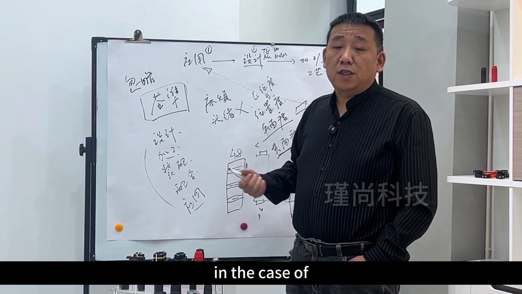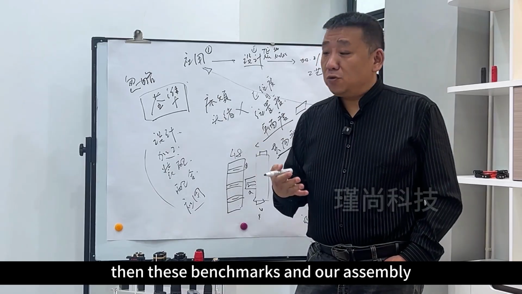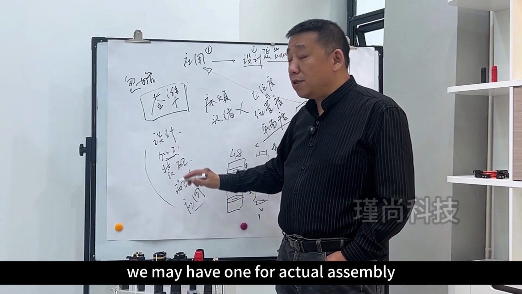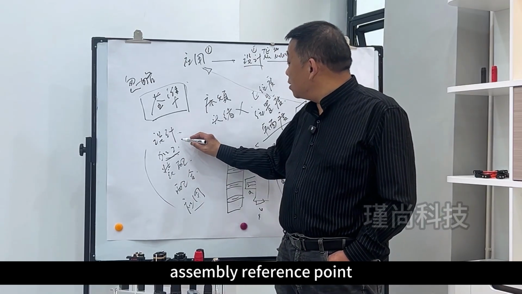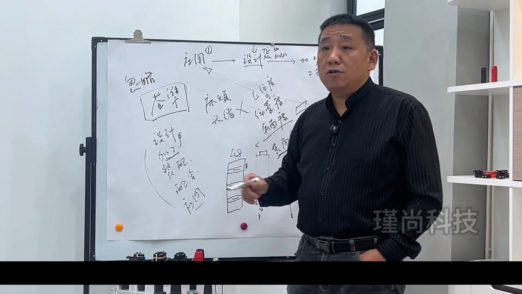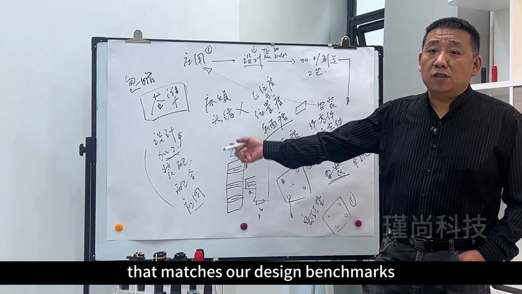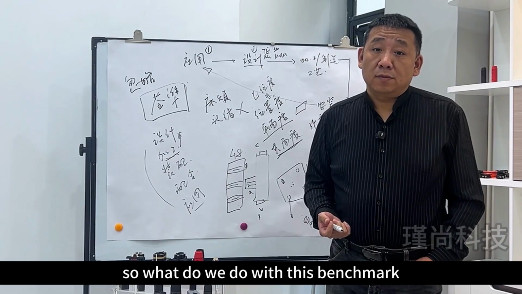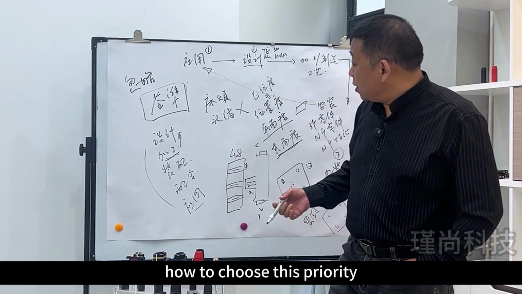Then these benchmarks differ from the actual assembly. We may have an actual assembly reference point, or fixing point, that can't be combined with our design benchmarks. So what do we do with these benchmarks? How do we choose the priority?